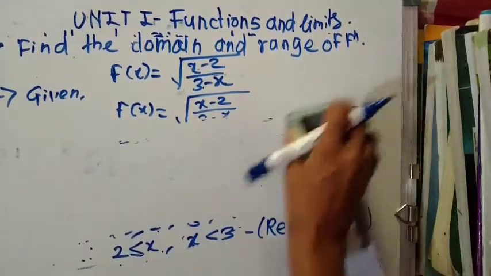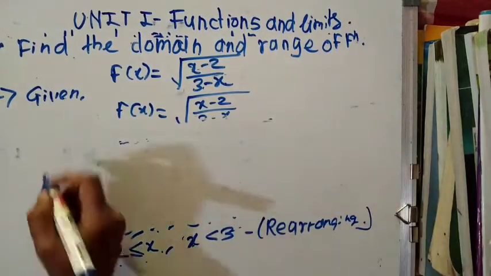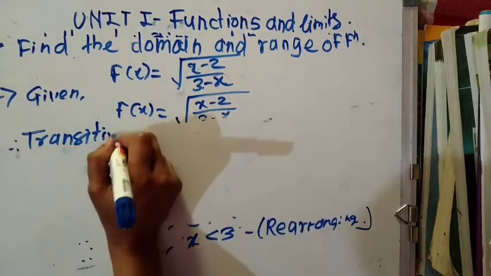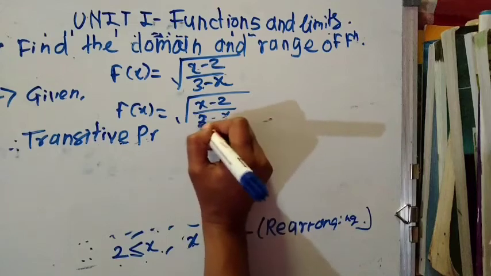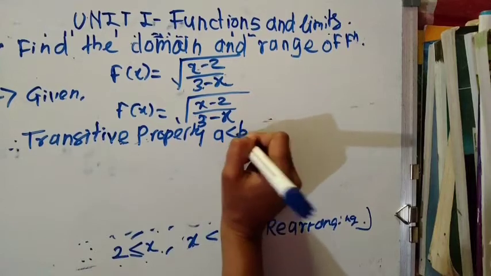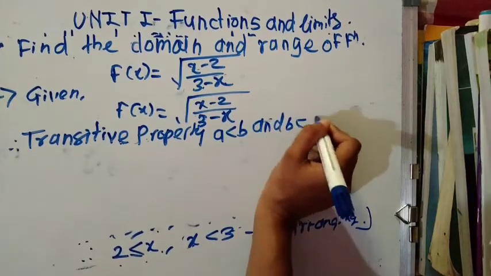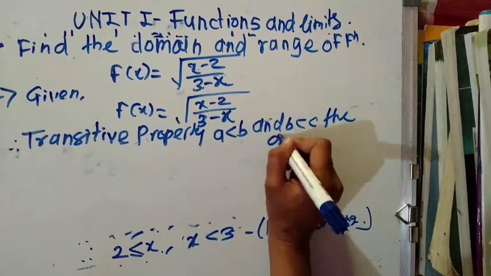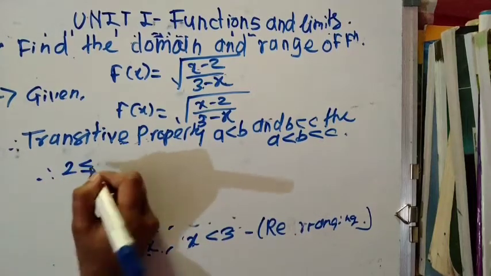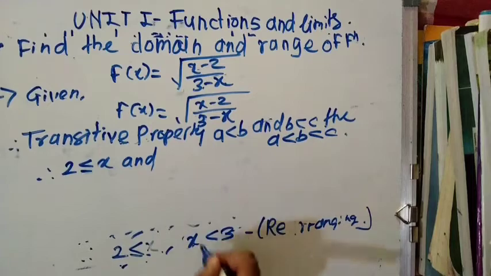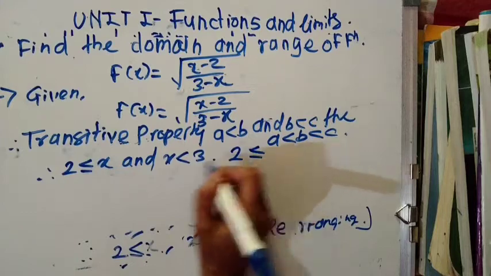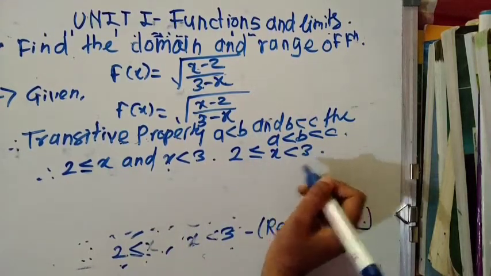Then by transitive property, suppose a less than b and b less than c, then a less than b less than c. So if 2 less than or equal to x and x less than 3, then 2 less than or equal to x less than 3.